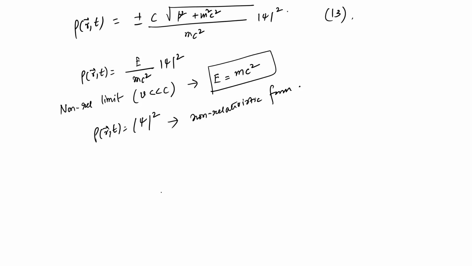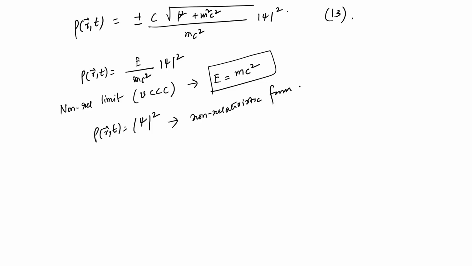Okay. So, basically the Klein-Gordon equation is important. There is an initial problem with interpretation of the probability density, but if you interpret it as the probability charge density, then it can take positive and negative values, and it gives you the correct non-relativistic form, which is known to be mod psi square. Okay.